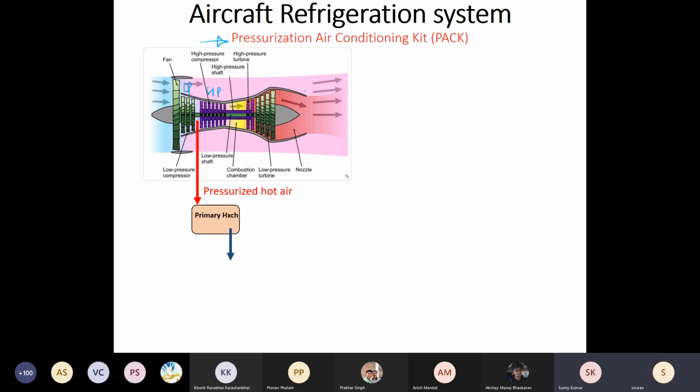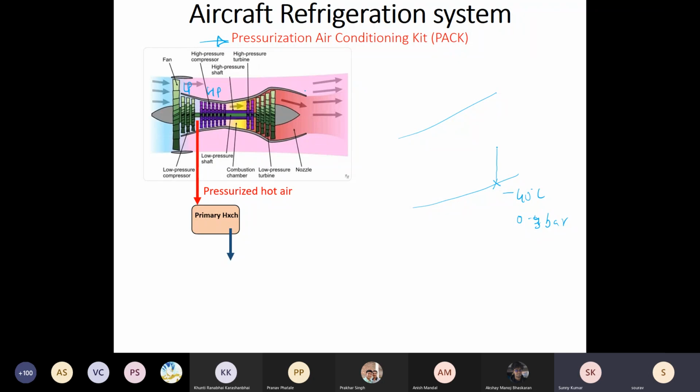We take or bleed air in between these two stages. Let's look at the process lines. Let's say this is the ambient air. Ambient air is at -40, and let's say 0.4 bar, or let's say 0.3 bar. That is the ambient air.